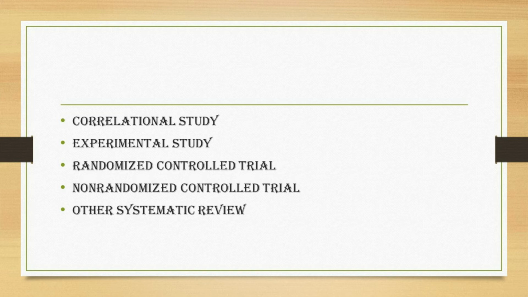Another type of study is correlational studies, also known as ecological studies. An ecological study focuses on groups of people rather than individuals and examines the relationship between exposure and disease at the population level rather than the individual level.